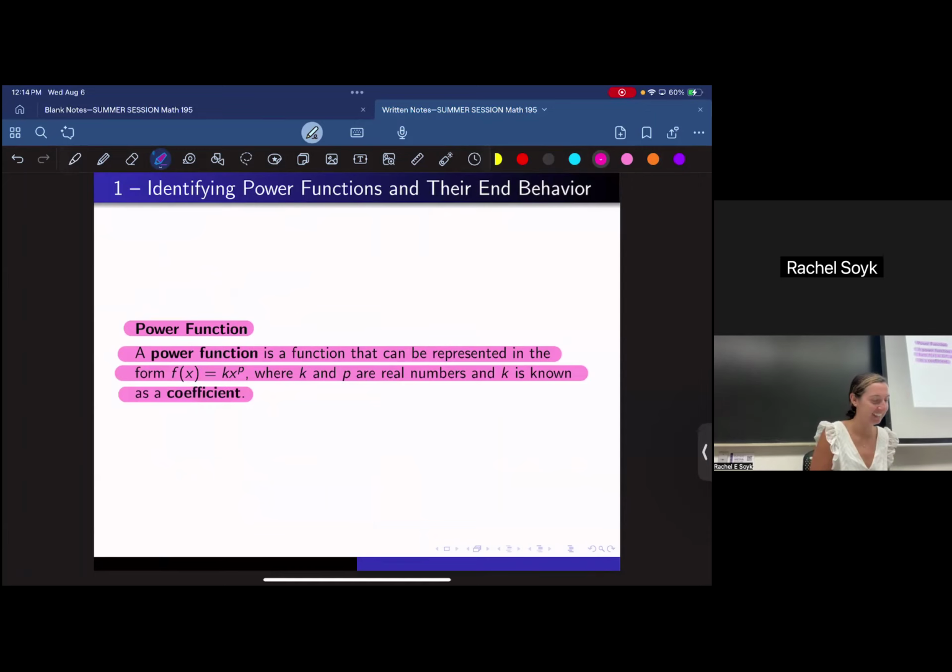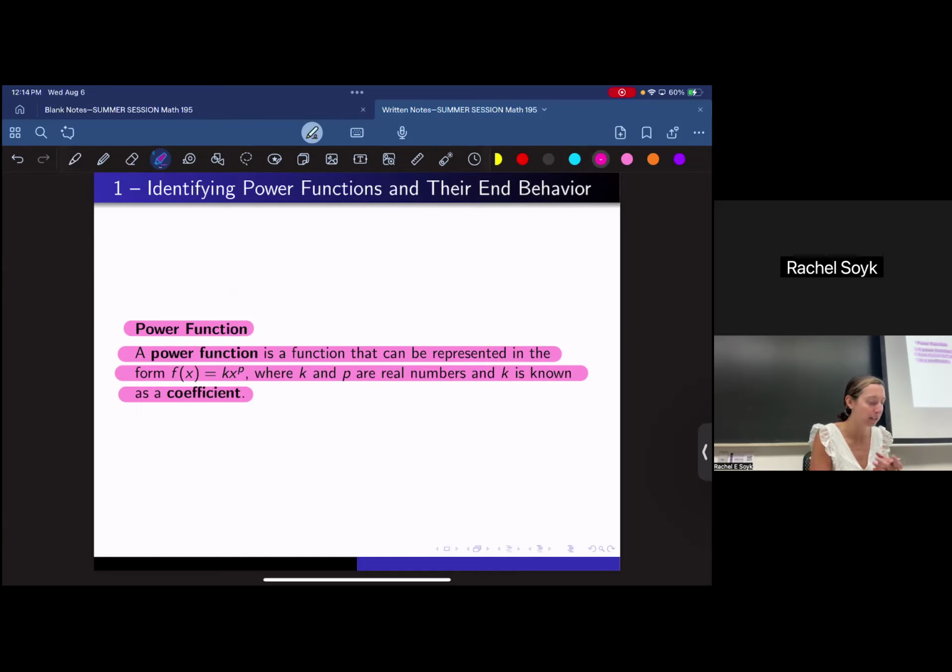A power function can be represented in the form f of x equals kx to the power p, where k and p are real numbers, and k is known as a coefficient. Thank you. And again, that k is sort of like the a when it comes to quadratics. If the k is negative, then the whole entire function is going to be reflected.